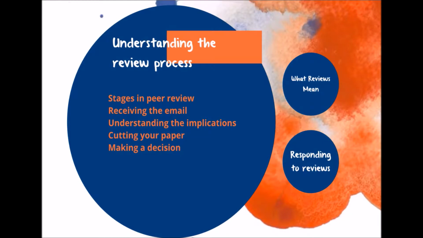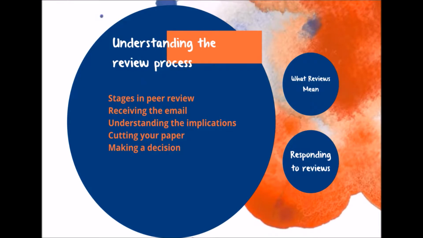So the process goes through a number of stages depending on the status of your paper. Initially, you'll receive an email from the editor after you submit a paper telling you that the paper will be peer reviewed. And then eventually, at some point, depending on a number of factors that the editor often cannot control, you'll get back a letter telling you one of normally four things.